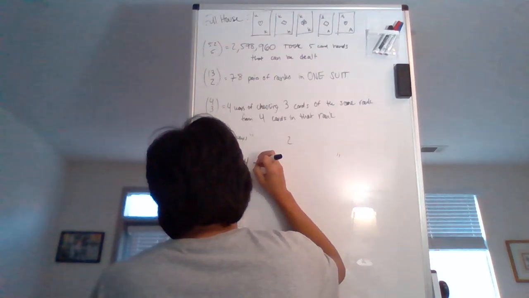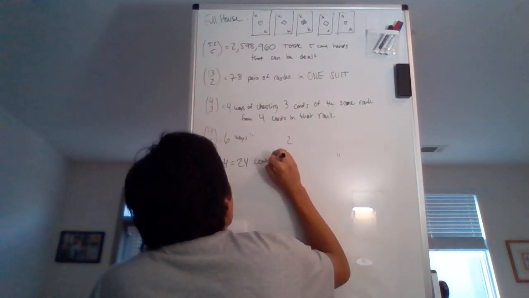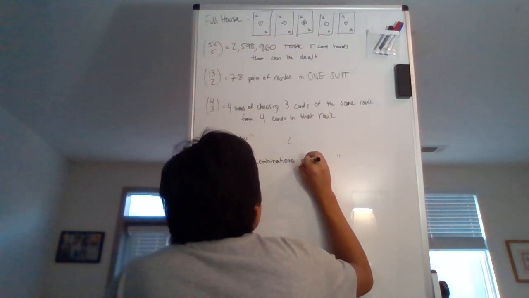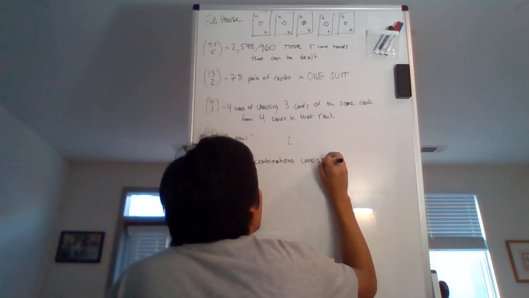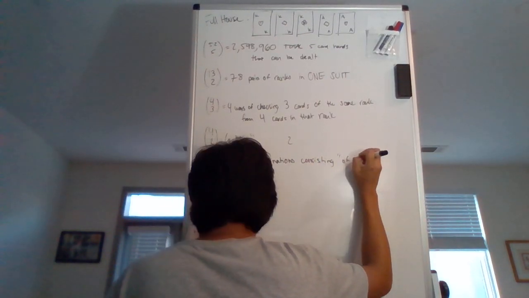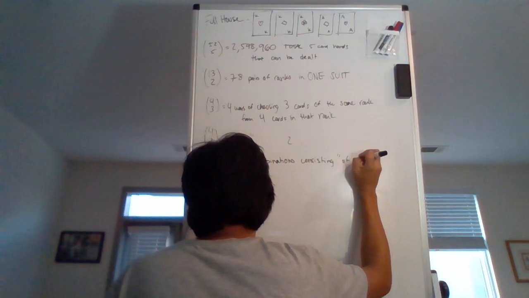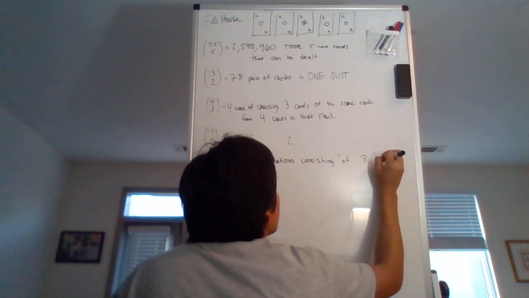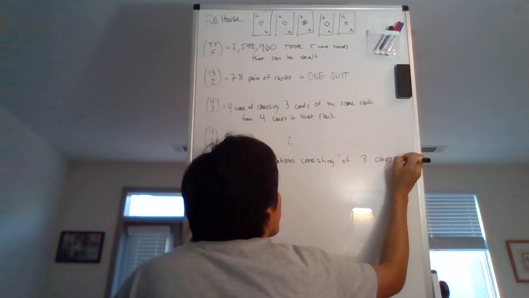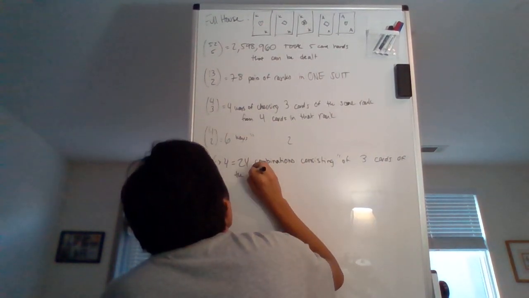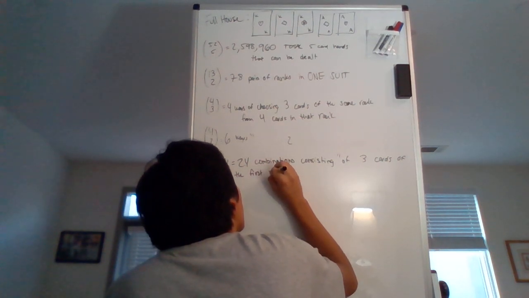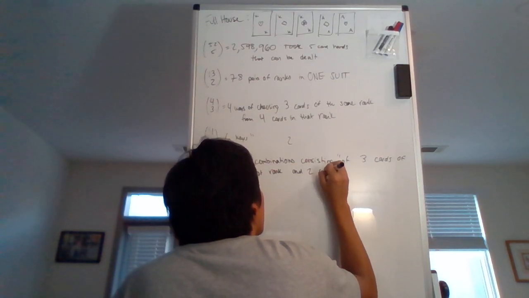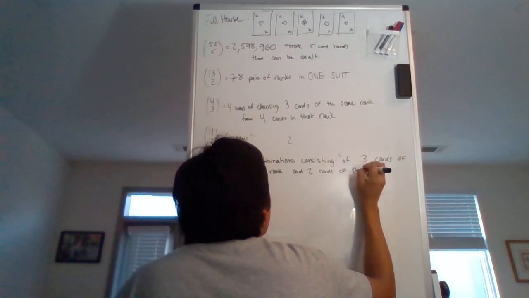Let me write that out. 24 combinations consisting of 3 cards of the first rank and 2 cards of the second rank.